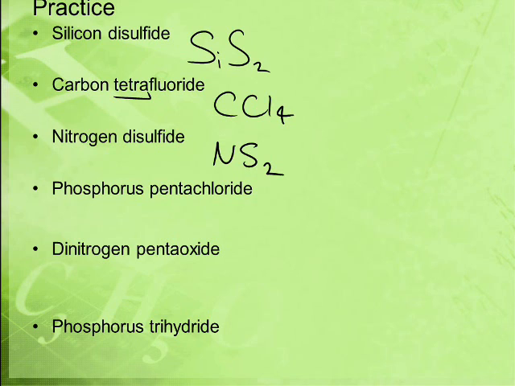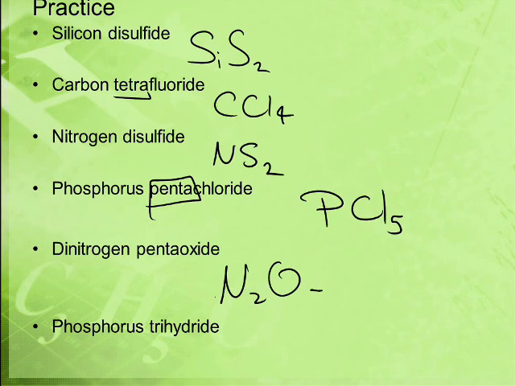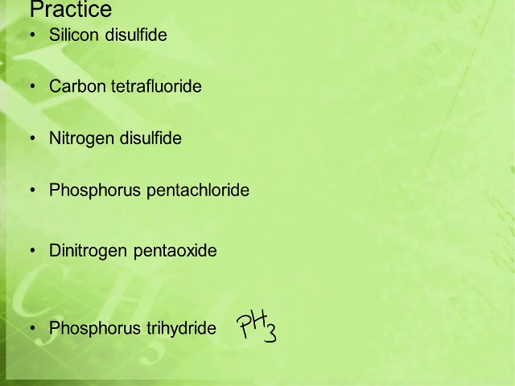Phosphorus pentachloride, phosphorus chloride, penta, five. Dinitrogen pentaoxide. And phosphorus, we got a tri in there. So phosphorus trihydride is PH3.